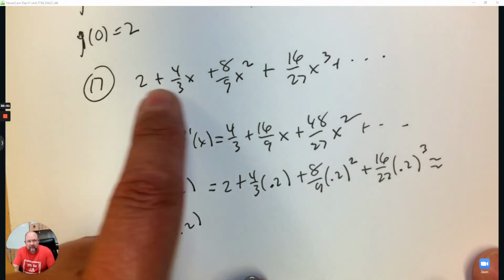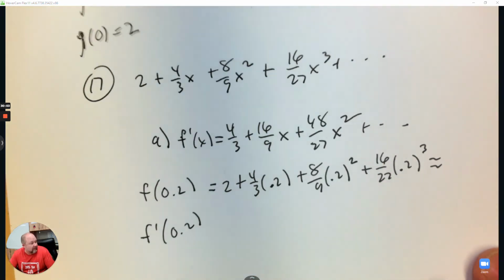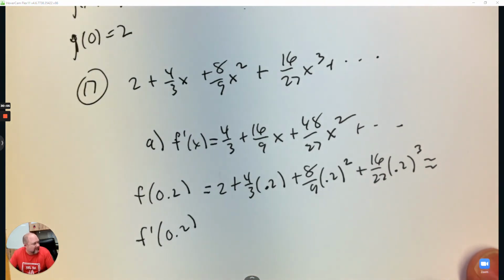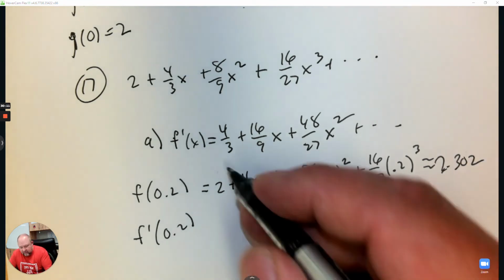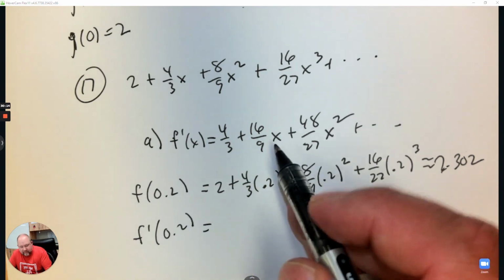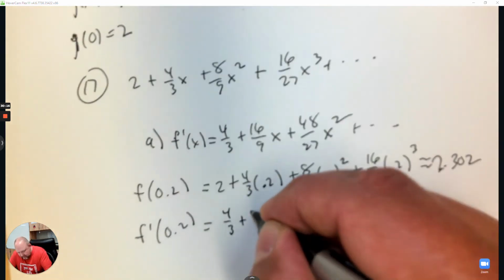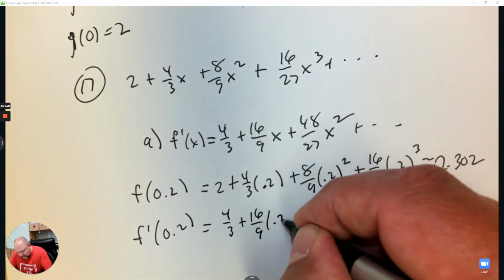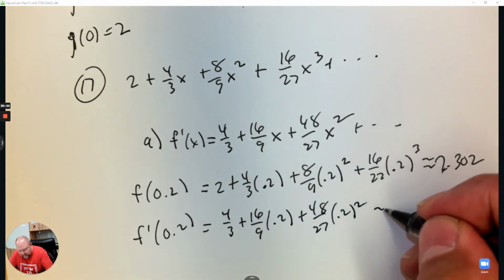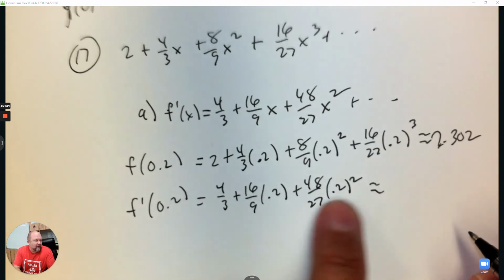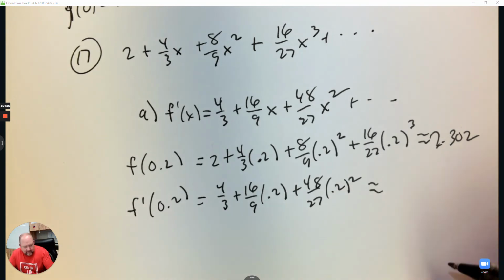So you plug in 0.2 into here, the function, and then use your calculator, but I'll do it for you. And you get 2.302. For the derivative, you'd plug it into the derivative. So you have 4 over 3, 16 over 9 times 0.2, 48 over 27 times 0.2 squared. And again, you'd use your calculator, and you get 1.760 about.